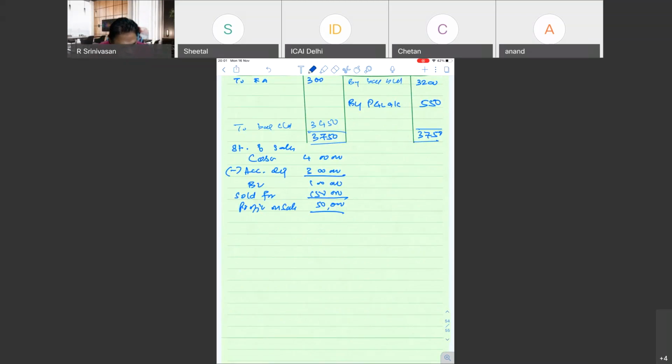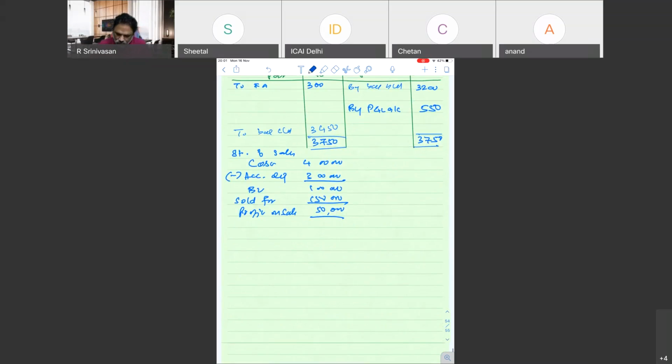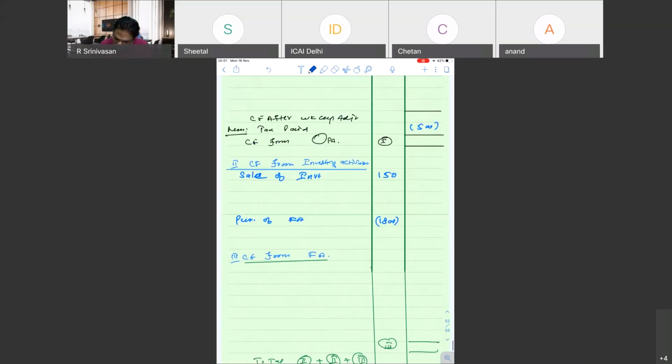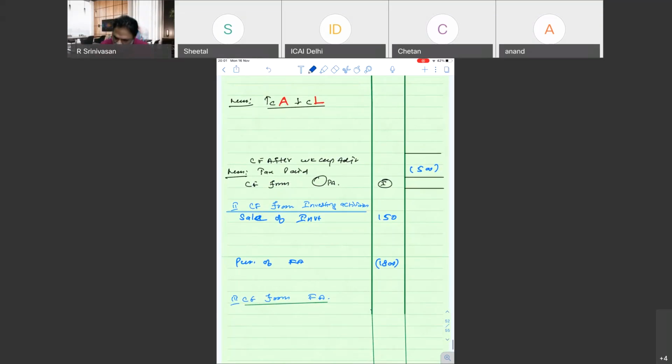Next, loans represent long-term loans given to group companies. So a loan given to group companies should be considered as investing activities. Where is loans represent? So here how much is that? 200 and 1,700.